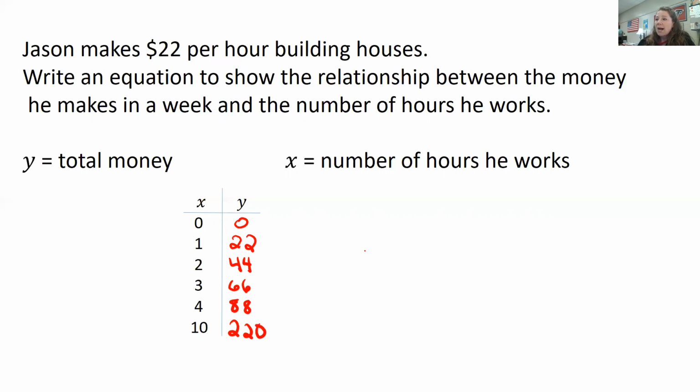So Y, which is the total money he makes, is equal to $22 times the number of hours he works. So this is the equation. So remember, equations have equal signs.